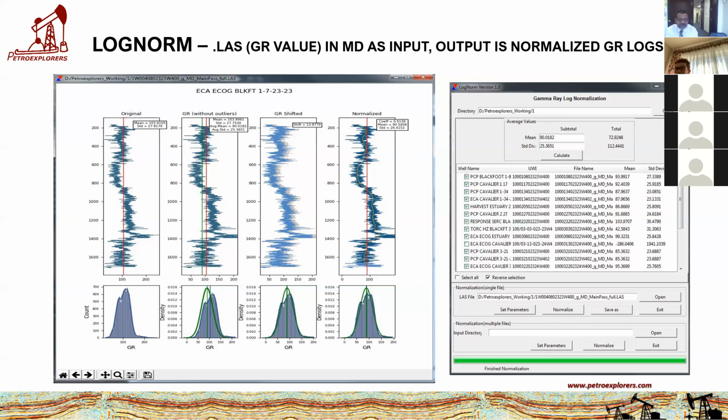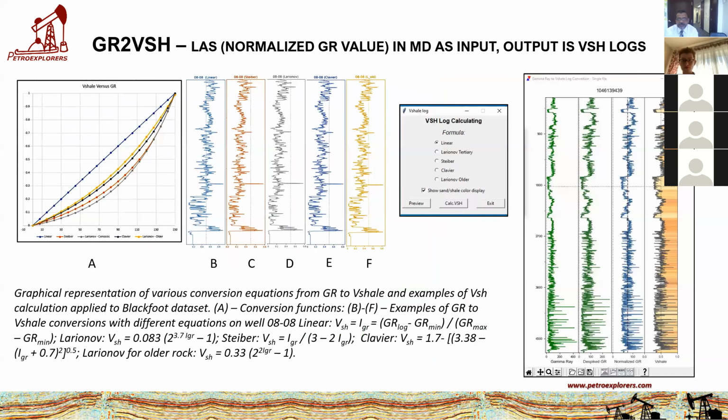Now we reach the next step for gamma ray. Once the gamma ray is normalized, you can assign the V-shell log calculation through a linear formula or a combination of Larionov, Steiber, Clavier, or various other formulas, depending on the deposition and how you want to make it.